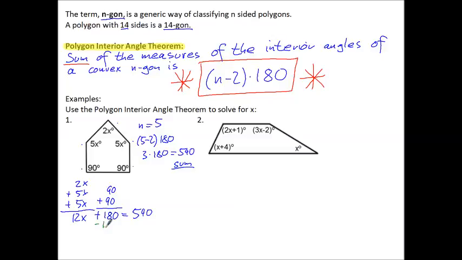So let's first subtract 180 from both sides, and we get 12x is equal to 360. Divide both sides by 12, and that gives us x is equal to 30.